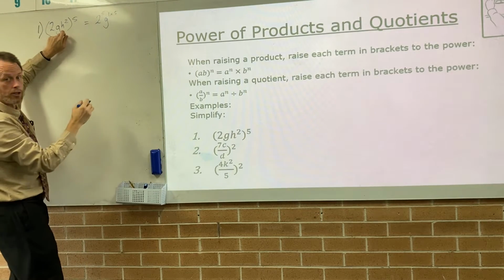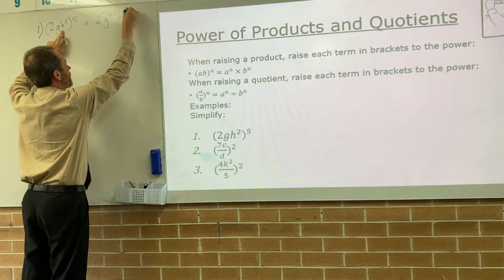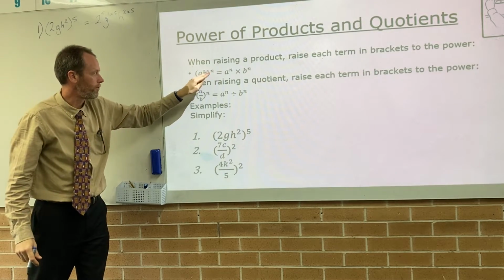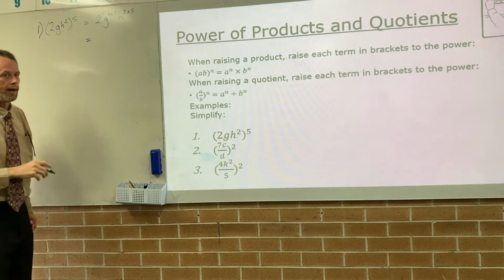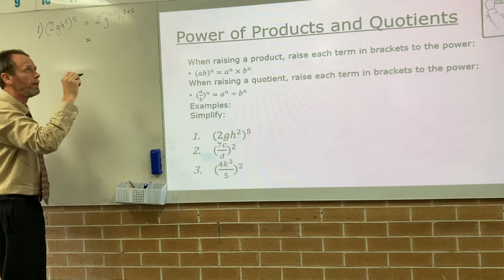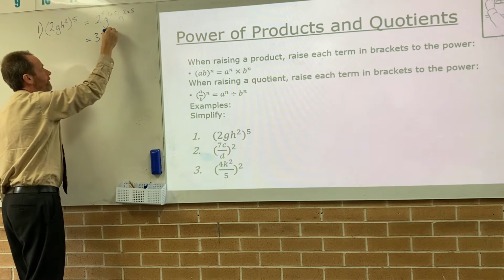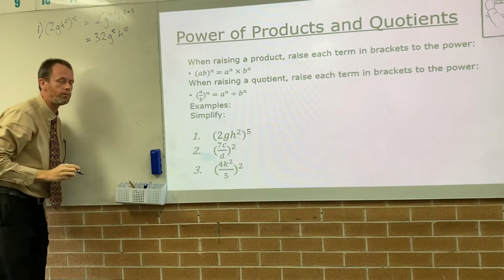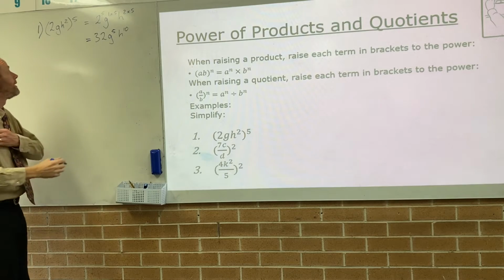And then I've got h to the power of 2 times 5. All right? So I'm multiplying for each of those. I can then simplify that. 2 to the power of 5, I think, is 32. G, 1 times 5 becomes 5. H, 2 times 5 becomes 10. Okay, so that's where we're at.